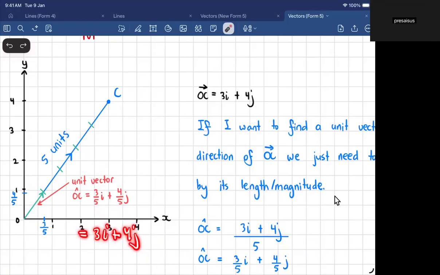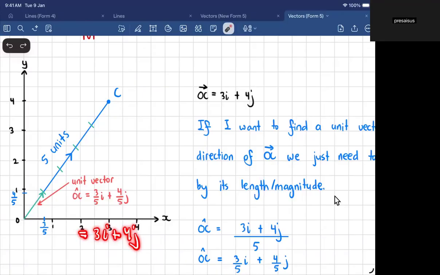4j. No, the unit vector. No, that's not a unit vector. A unit vector has a magnitude of 1. Oh, yes, sir. Sorry, I'm mixing myself up. On the screen, what vector is that? 3i plus 4j.